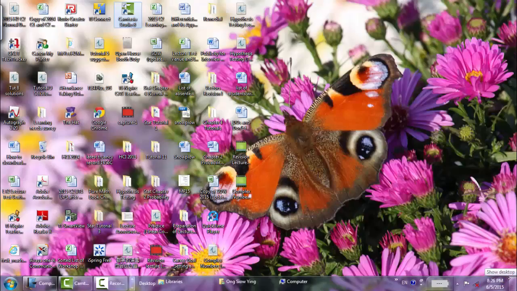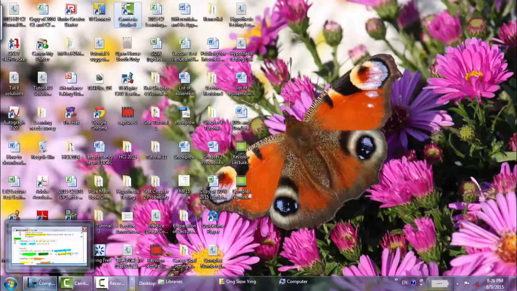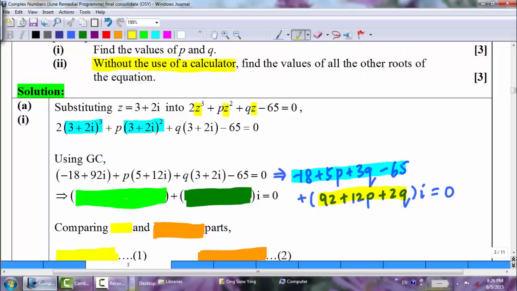Since the other side of this equation is equal to 0, which is the same as saying 0 plus 0i, you can simply equate and form two equations.